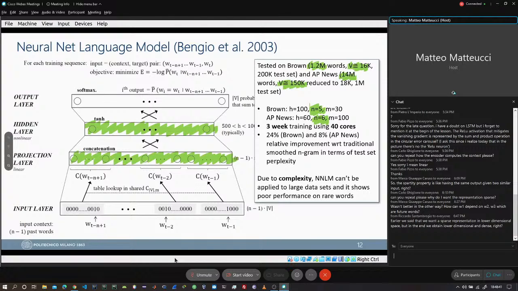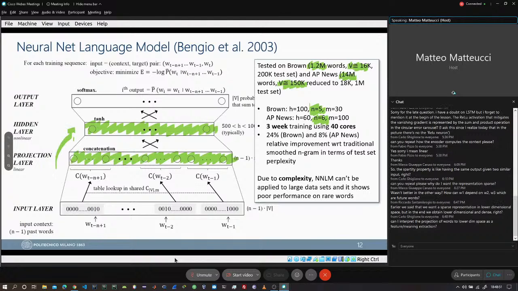In this case, the Bengio model is slightly different from the autoencoder, but the idea is the same. You project into a lower dimensionality, and then in this dimensionality, you perform the task. Can I interpret this projection as feature extraction? Well, give me a time and I will answer your question, because this was the idea.